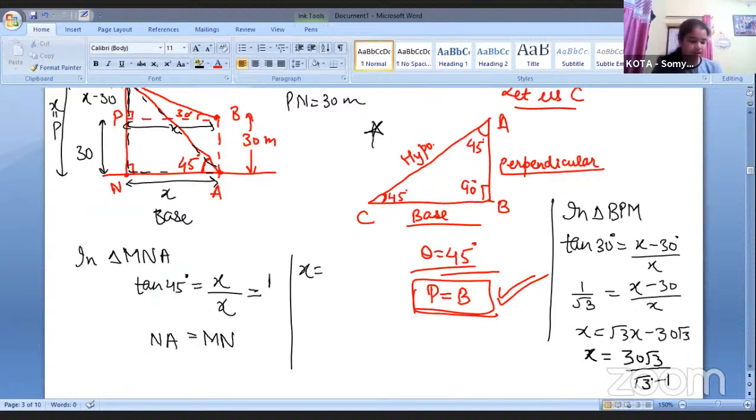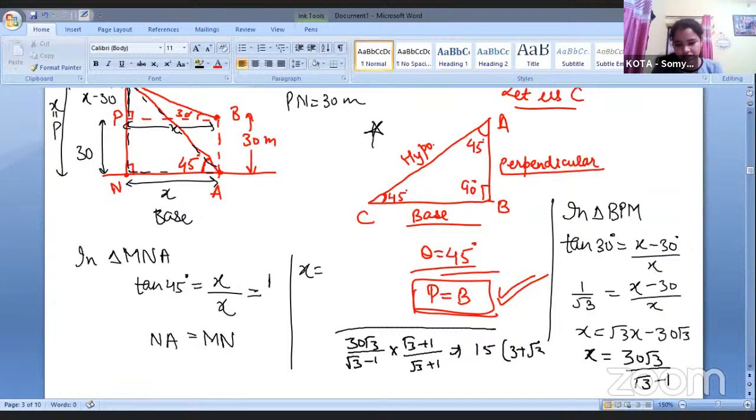So from here we can say that it is this. Now if we just rationalize it as Vishnu said, what we'll get is 15 into 3 plus root 3.